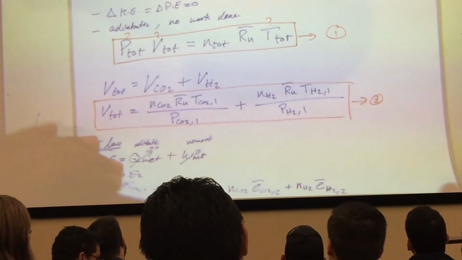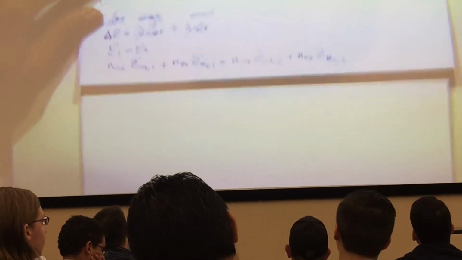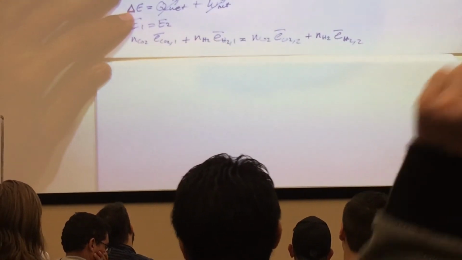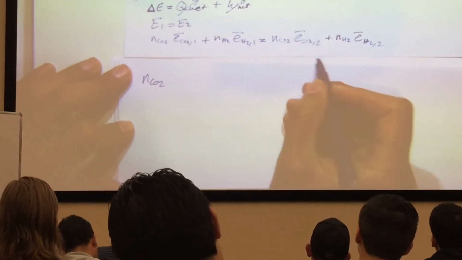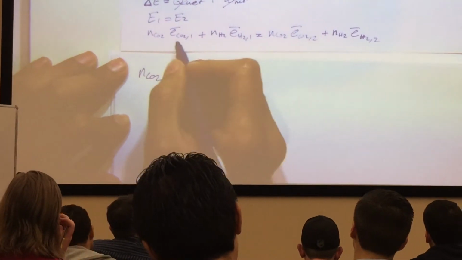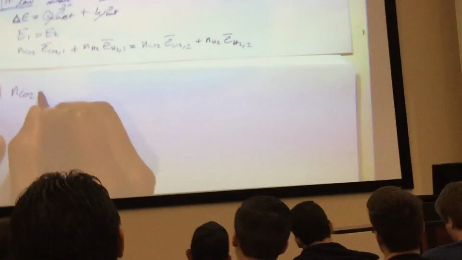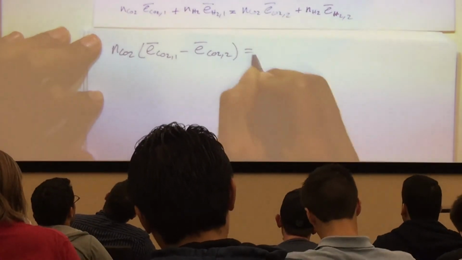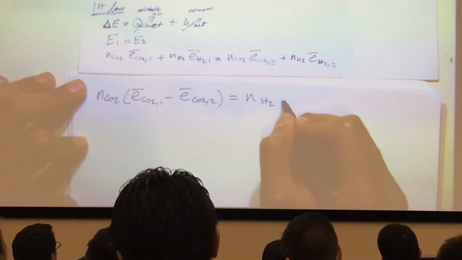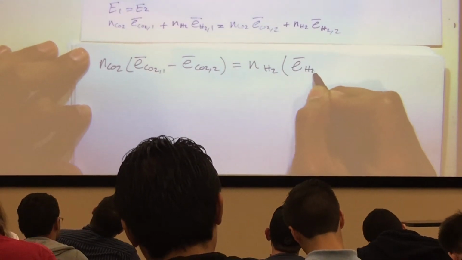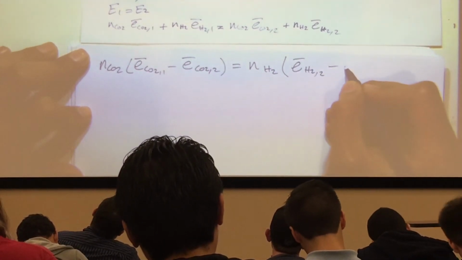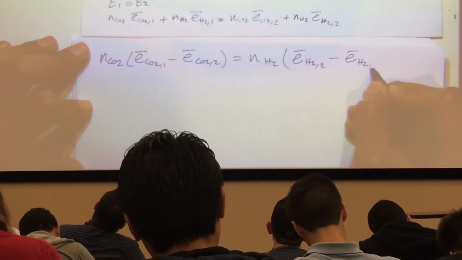So I could write the general form of that equation, combine some of these terms, and move this one on this side and this one on that side. So it'll be N CO2 multiplied by E CO2 1 minus E CO2 2 is equal to N H2 multiplied by the internal energy of H2 at 2 minus E of H2 at 1.